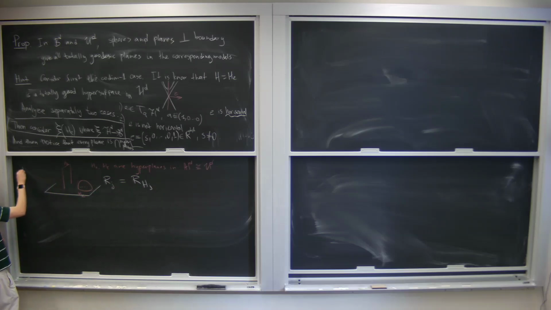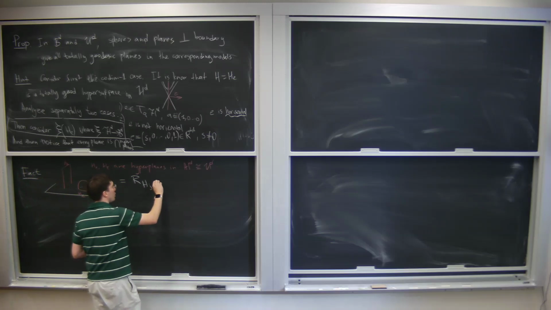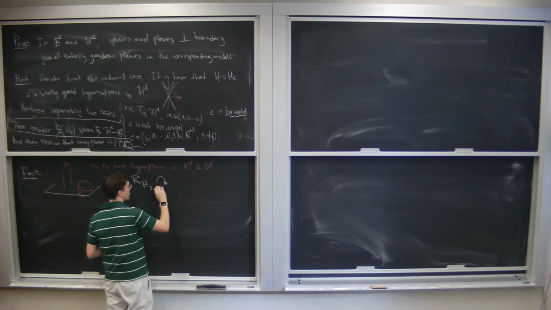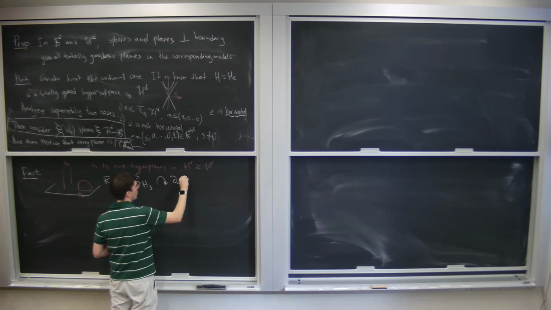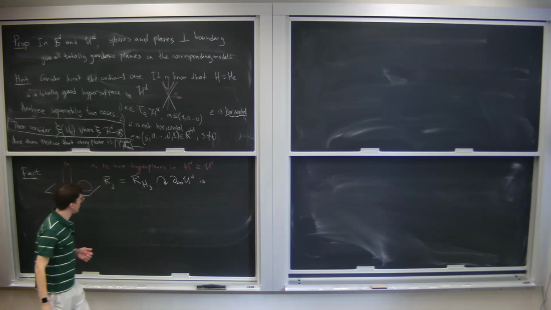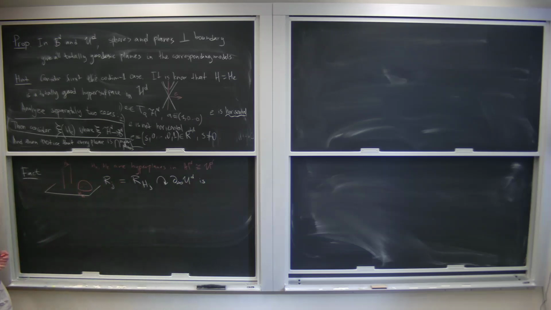I will write this down as a fact, or lemma. R_j then act on the boundary of UD as conformal maps, actually.